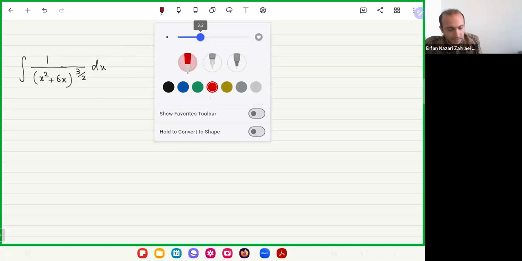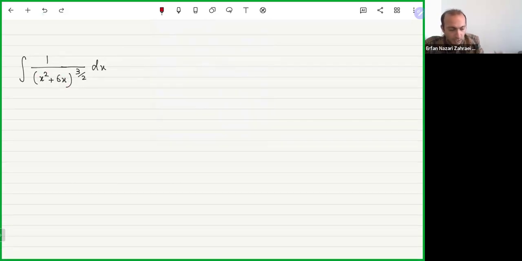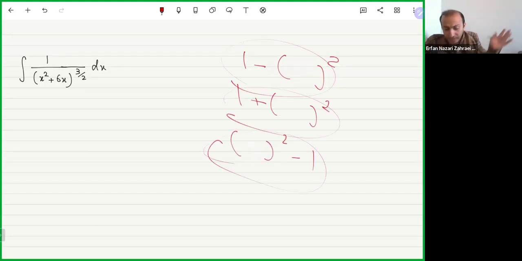Okay, that's the one that even if you know the formula, remember that the formula is x squared plus a squared, you may be confused about what substitution I need to do. If you understood the reasoning, then you are good. What was the reasoning? 1 minus something squared, 1 plus something squared, something squared minus 1, to create these terms.